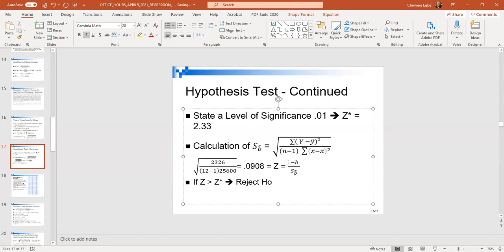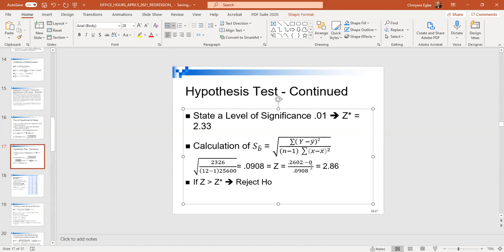B hat is 0.2606, and the hypothesis is 0. And the standard error of B hat is 0.0908, which gives us 2.86.